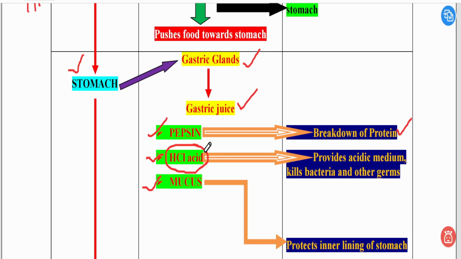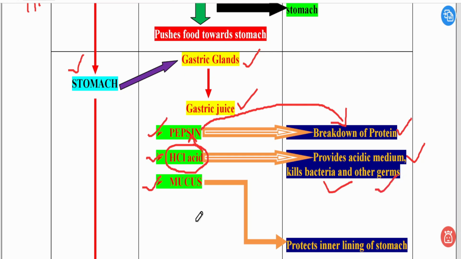So now when the hydrochloric acid is released in the stomach, the pepsin will get activated, and when it gets activated, it breaks down the protein particles. Now this hydrochloric acid not only provides the acidic medium, but it also helps in killing bacteria and other germs or any viruses that come along with the food particles.